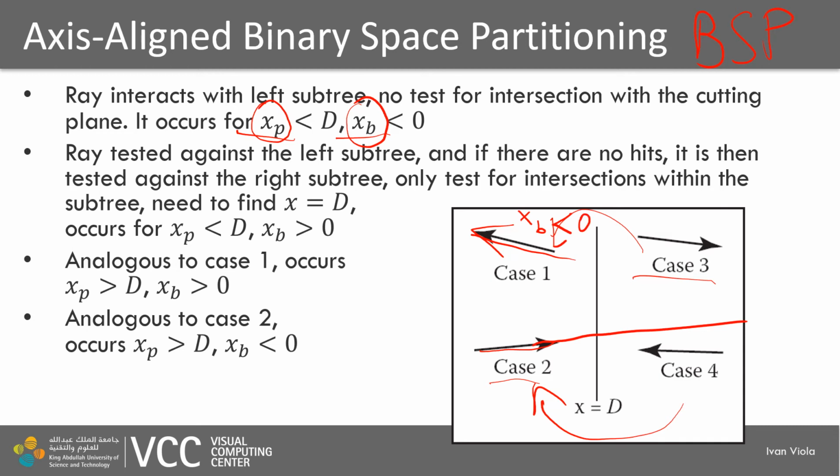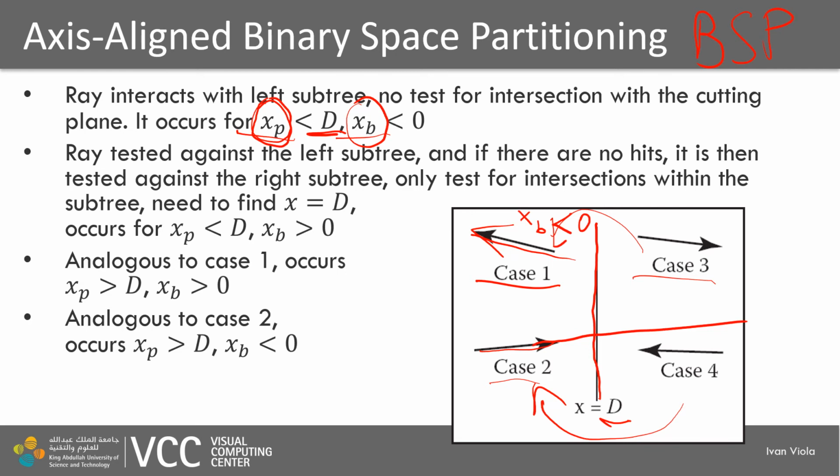It is negative because it goes towards the negative x direction, and XP is smaller than D. The D is here where our border structure is, at the particular distance D from the coordinate origin. So if XP is smaller than D, and XB is also smaller than 0, then we have case 1.